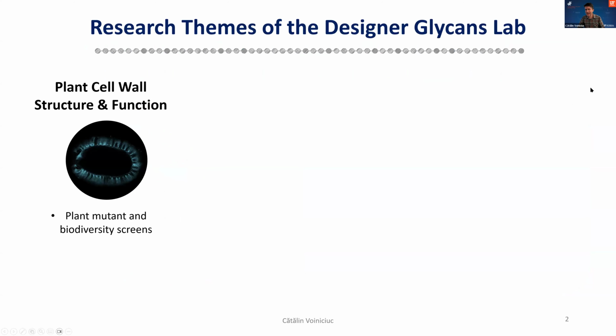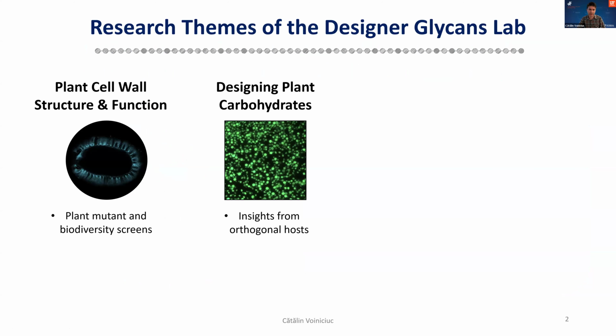All right, so my lab is focused on carbohydrates. We call ourselves the designer glycans, and that's because historically I came from the plant genetics side without a formal engineering training. I was really interested in discovering what the components of the plant cell wall are, essentially the most abundant source of organic polymers on our planet, what their functions are, and how we can tailor their structure for improved applications.